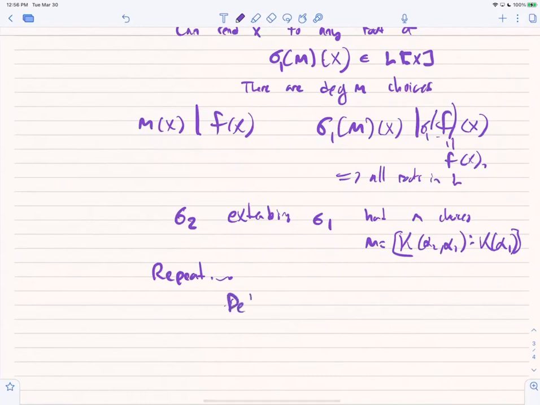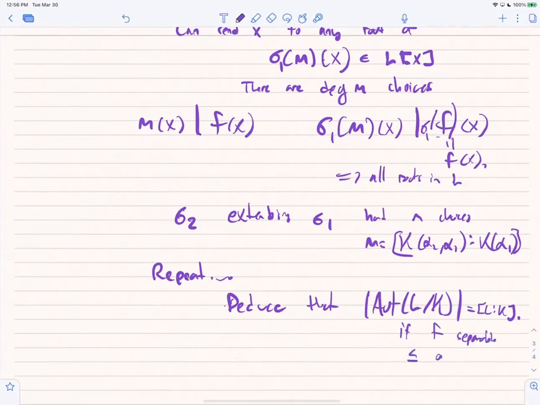So you deduce that the size of Aut L over K is equal to the degree of the extension, if F is separable, and less than or equal to otherwise. And really less than otherwise.